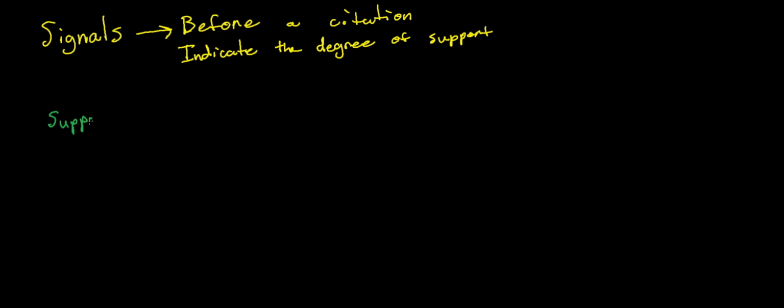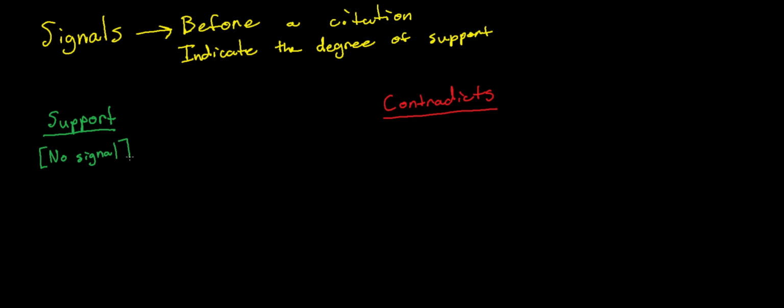So there's two types of signals. There's signals that support your claim, or I should say signals that indicate that the authority supports your claim, and then there are signals that indicate that the authority contradicts the claim. All right, so the first signal is an easy one, and it is just no signal.